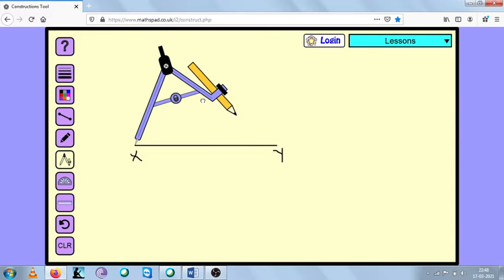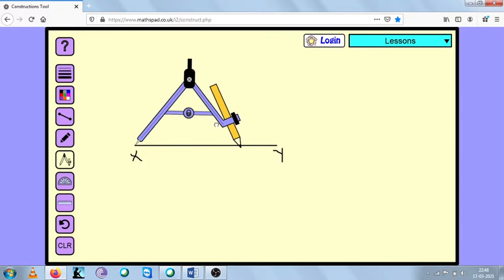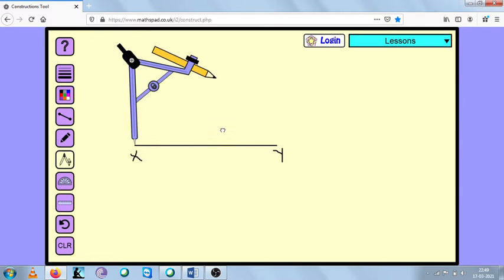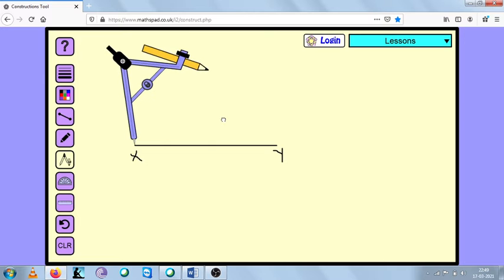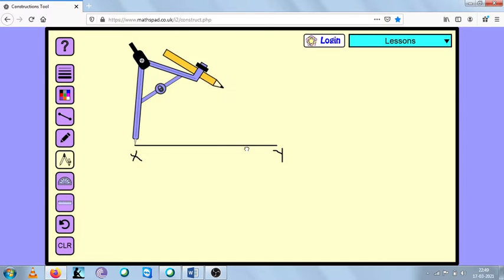See the way it is adjusted, and then make an arc from X towards Y. It should be more than half the distance from X to Y. See the position of the compass, it is more than half the distance between the pointer and the pencil.